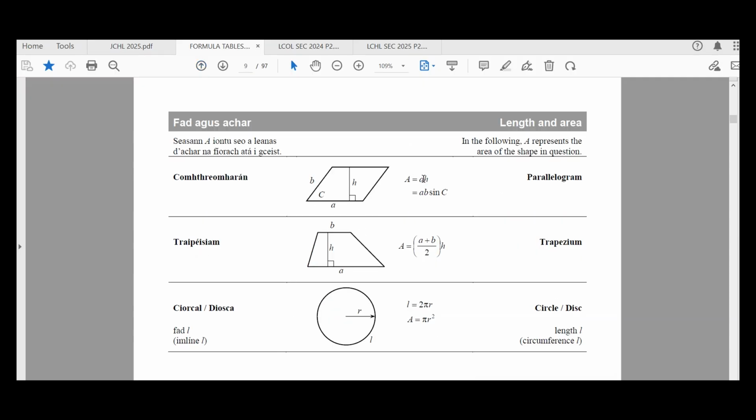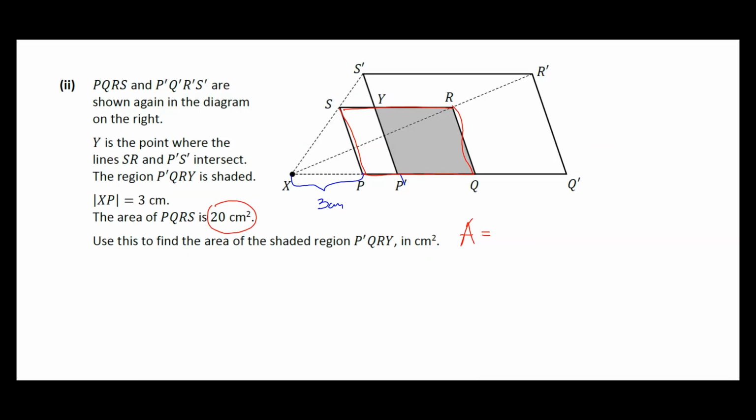The most basic formula is A, which is the base, multiplied by H, which is the height. Applying that idea to the 20, they've taken 20 and multiplied it by the base. And what is the base? It is the length of PQ, multiplied by a height.